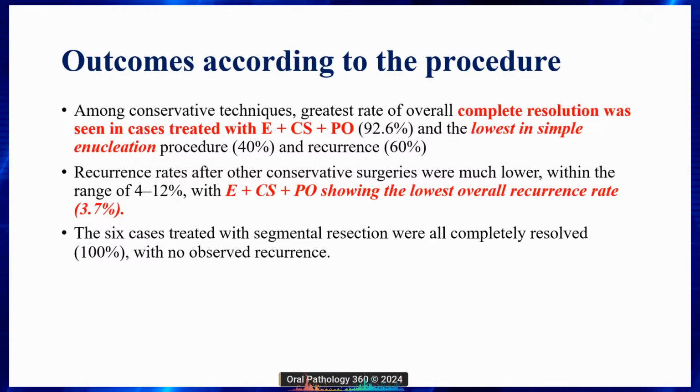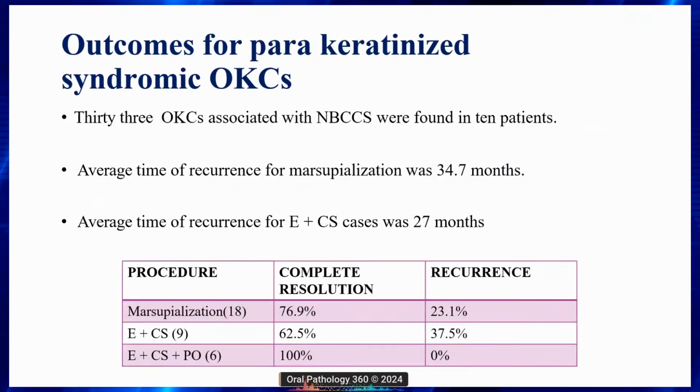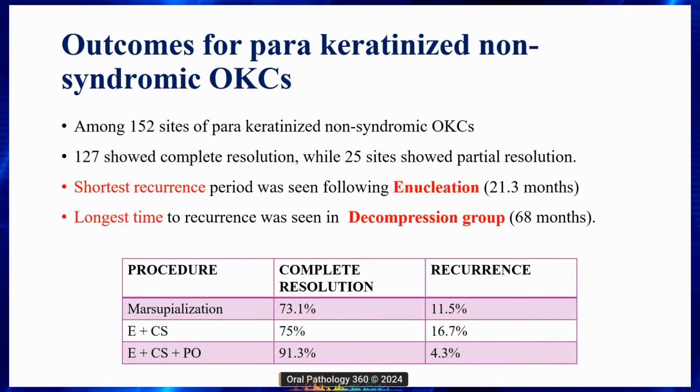The 6 cases that were treated with segmental or marginal resection were all completely resolved with no observed recurrences even after 5 years. When we observed the outcomes of treatment of parakeratinized syndromic OKCs and non-syndromic odontogenic keratocysts, it was found out that the procedure of enucleation with chemical cauterization and peripheral ostectomy resulted in the lowest rate of recurrence.